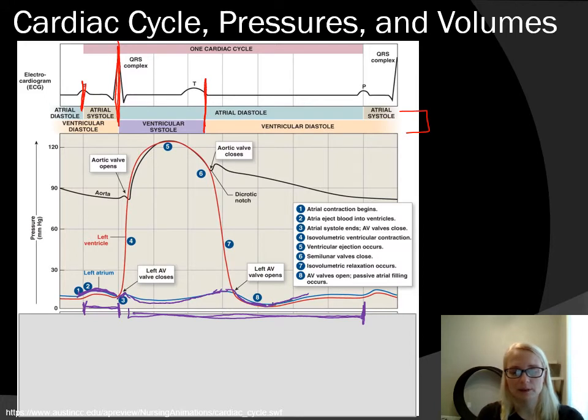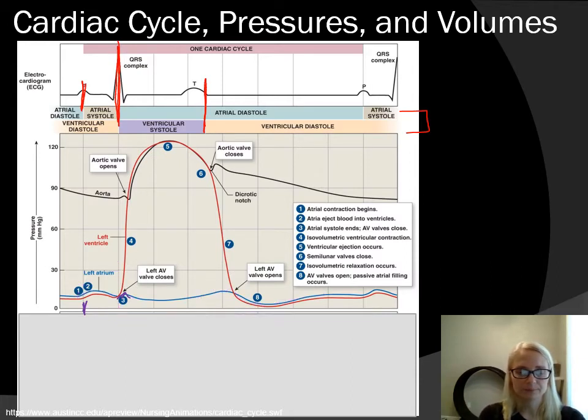So this is our passive filling to right here, and that's the end of atrial diastole. So we get a little blip of pressure at step 2 when atrial contraction is happening. We get a little blip of pressure when the AV valve is opening, and we get a gradual pressure increase as blood is filling into these chambers. Okay, so that's the atrium. Kind of makes sense, matches along with the activities of the cardiac cycle.